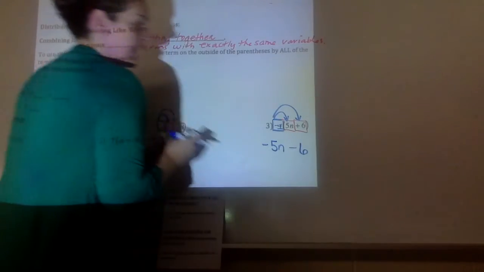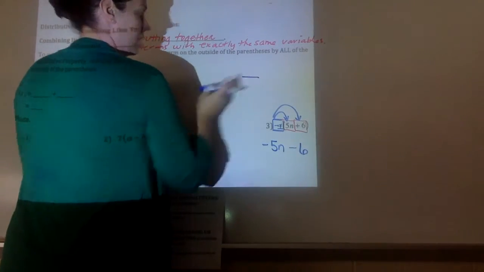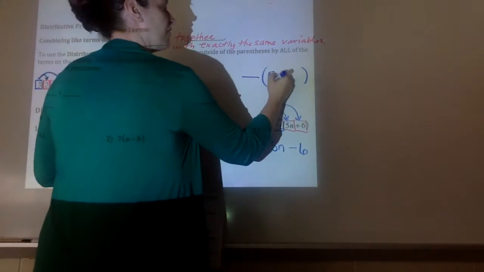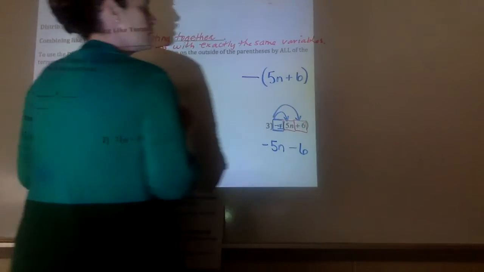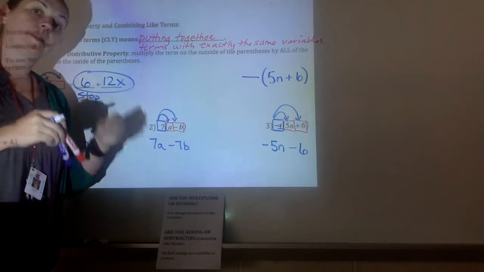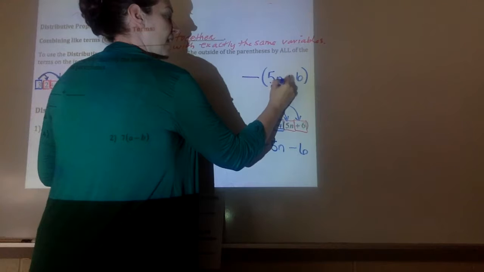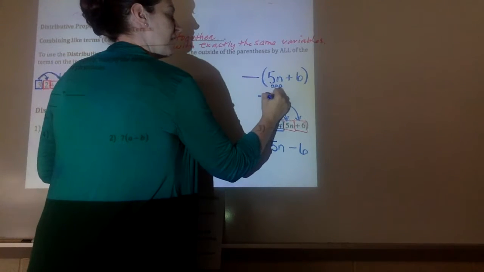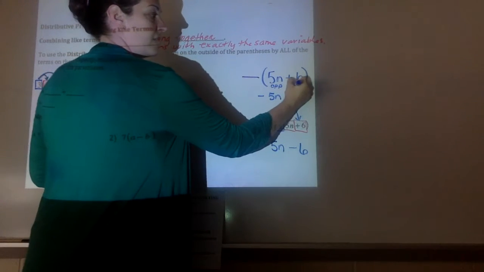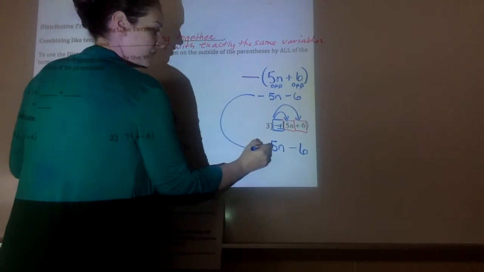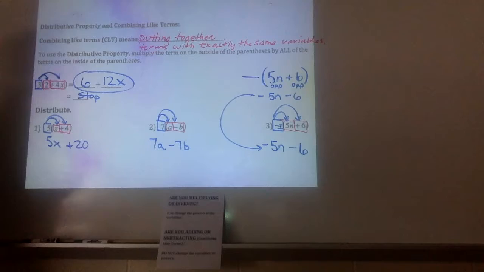Anytime there is a negative in front of parentheses, so remember I had a 5n plus 6, we want to use a rule where we apply opposites. So what is the opposite of 5n? Negative 5n. What is the opposite of positive 6? Negative 6.